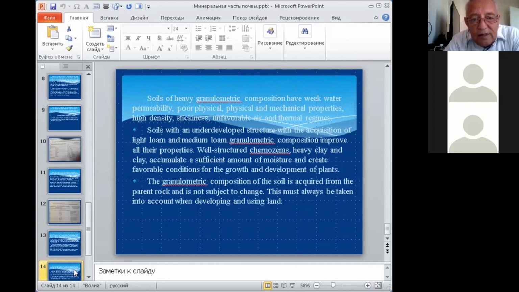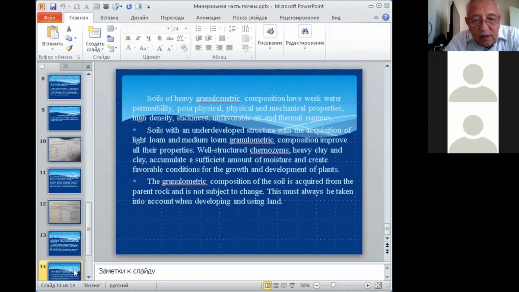Soil with an underdeveloped structure improves its properties with the addition of light loam and medium loam granulometric composition. Well-structured heavy clay and clay Chernozems accumulate a sufficient amount of moisture and create favorable conditions for the growth and development of plants.